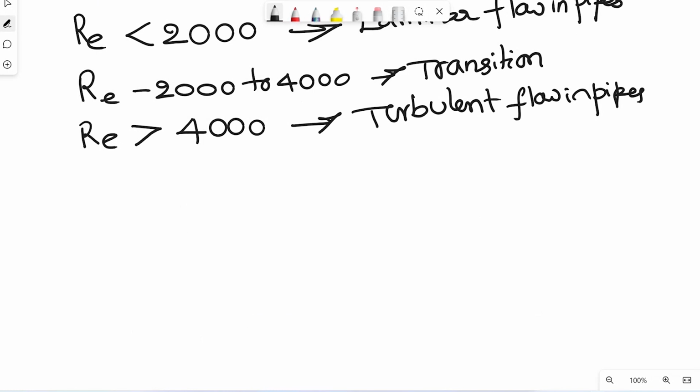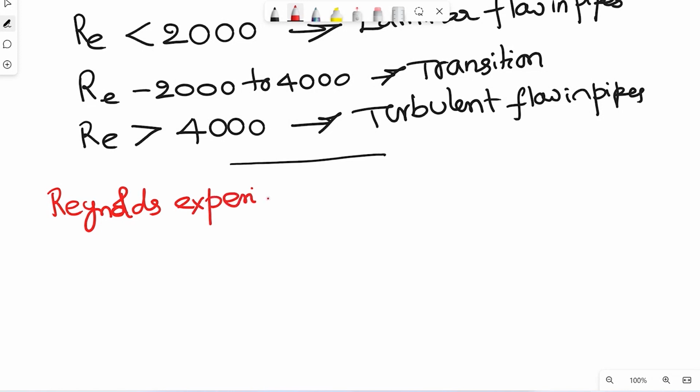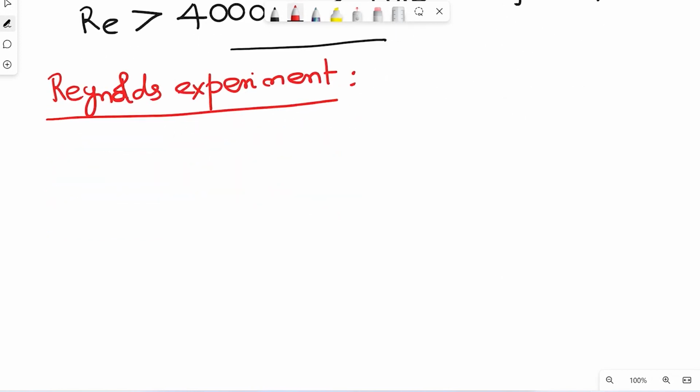But before arriving at it, Reynolds conducted an experiment. What is that Reynolds experiment? Reynolds experiment is very, very simple. What Reynolds did is he took a tank.